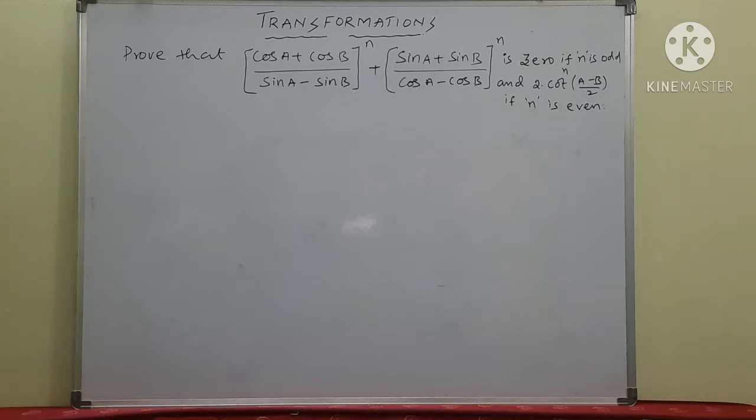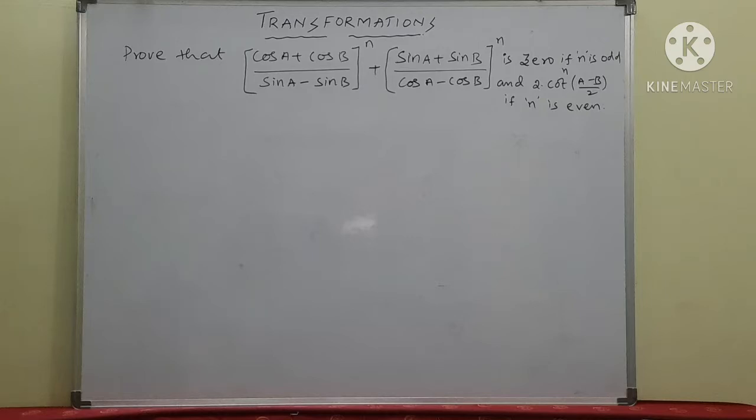Prove that ((cos a plus cos b) divided by (sin a minus sin b)) whole to the power of n plus ((sin a plus sin b) divided by (cos a minus cos b)) whole to the power of n is 0 if n is odd, and is equal to 2 into cot to the power of n of (a minus b) by 2 when n is even.